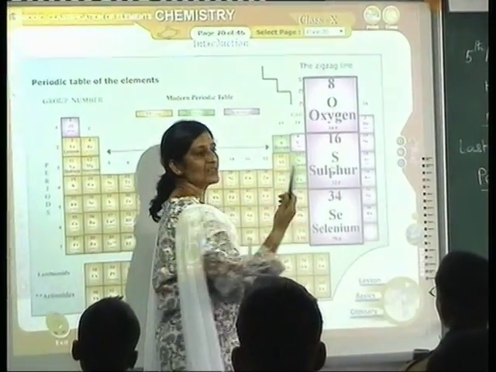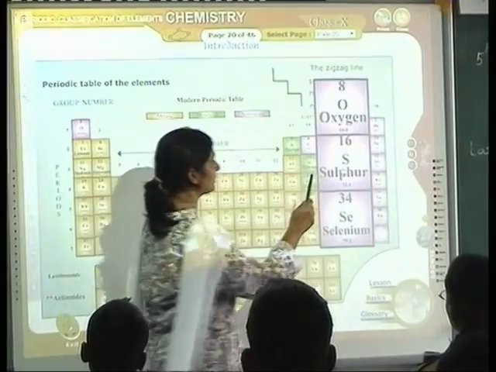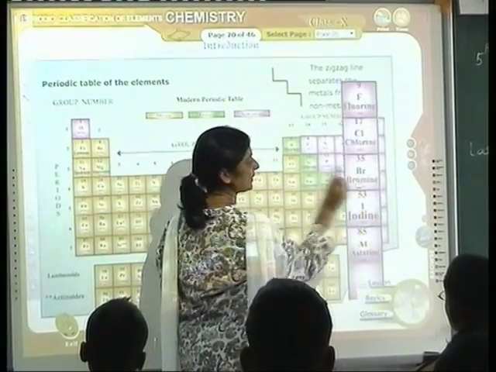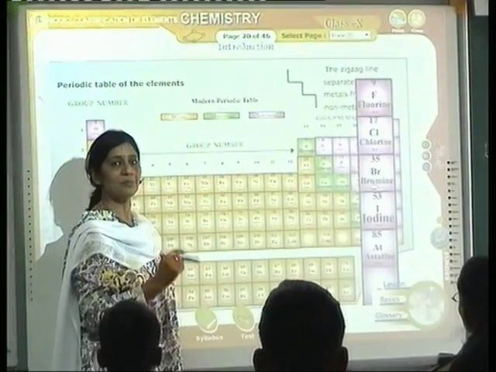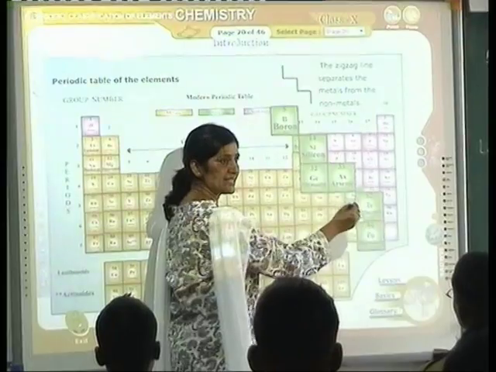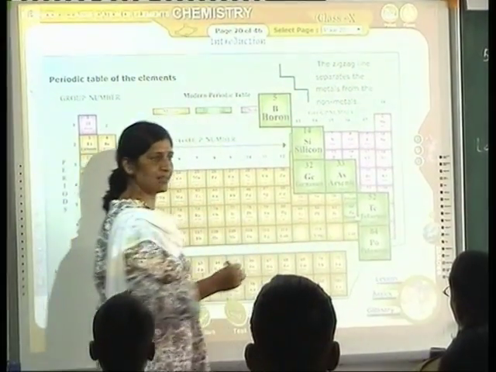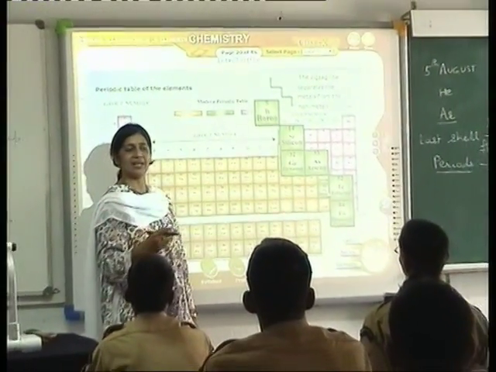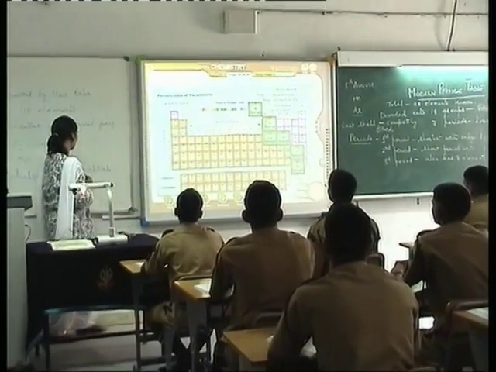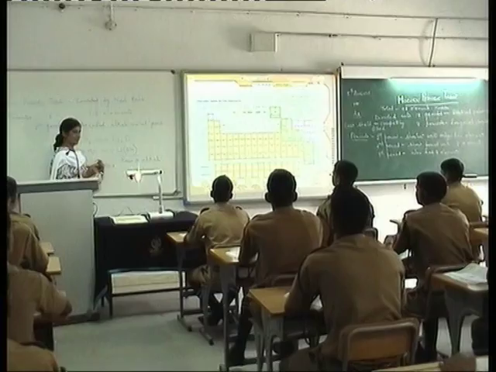Bromine combines with sodium to form sodium bromide. Similarly, iodine. Iodine is required in our salt, isn't it? So all these elements combine with metals to form salts. Hence they are called halogens.